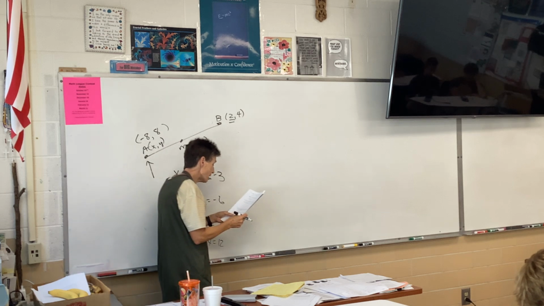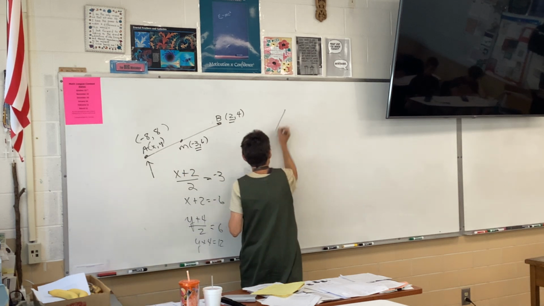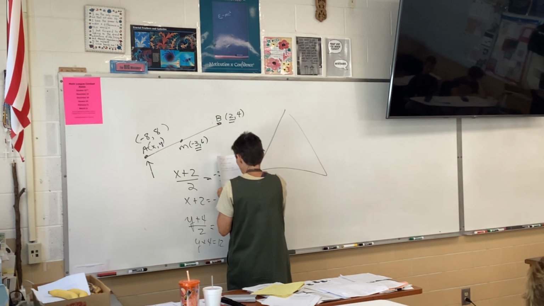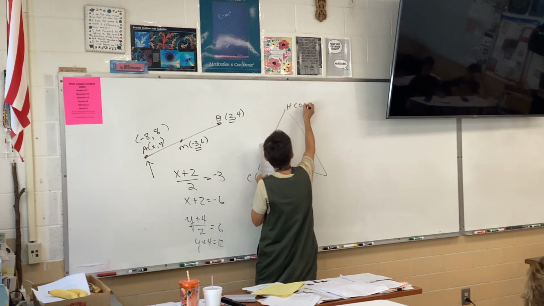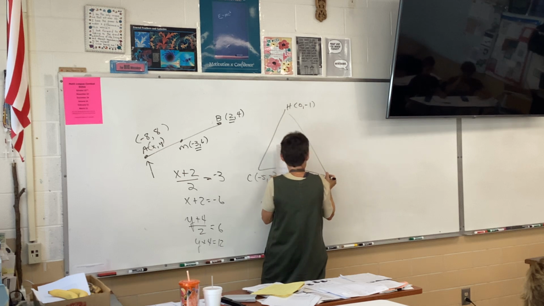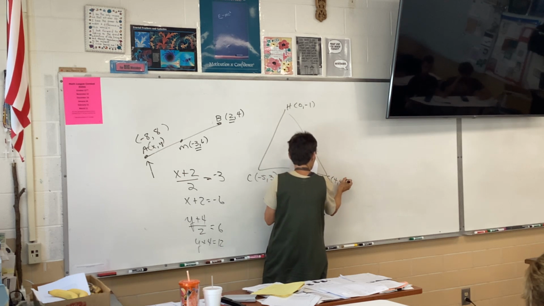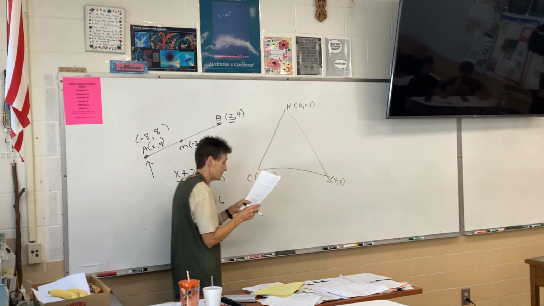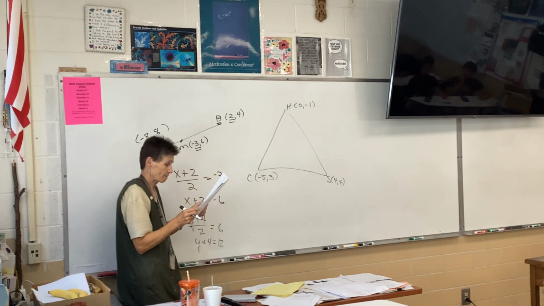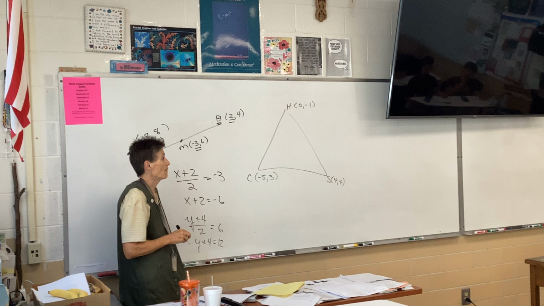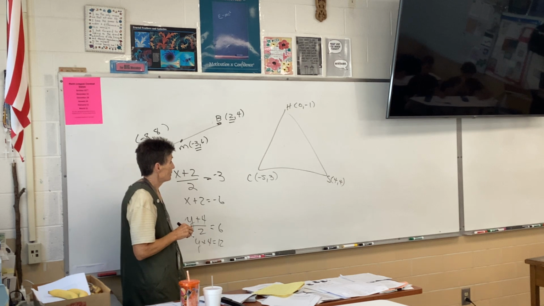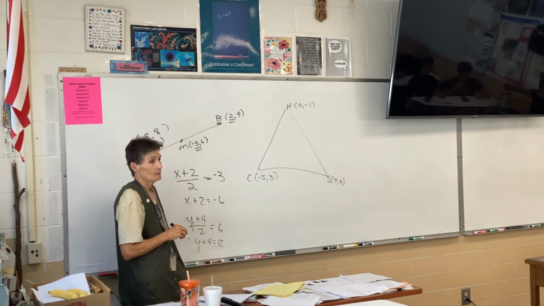Find the area and perimeter of this triangle. Again, I am not plotting these points. You certainly could if you wanted, but I don't need to do that. All right, perimeter.